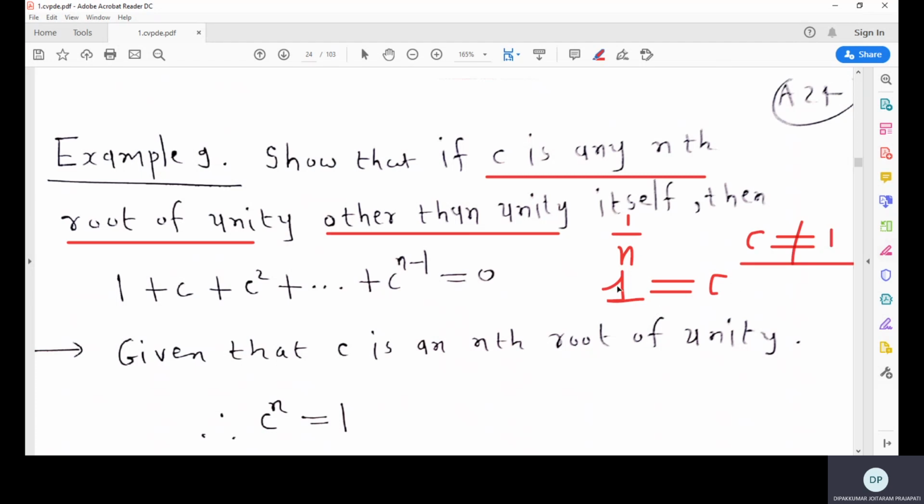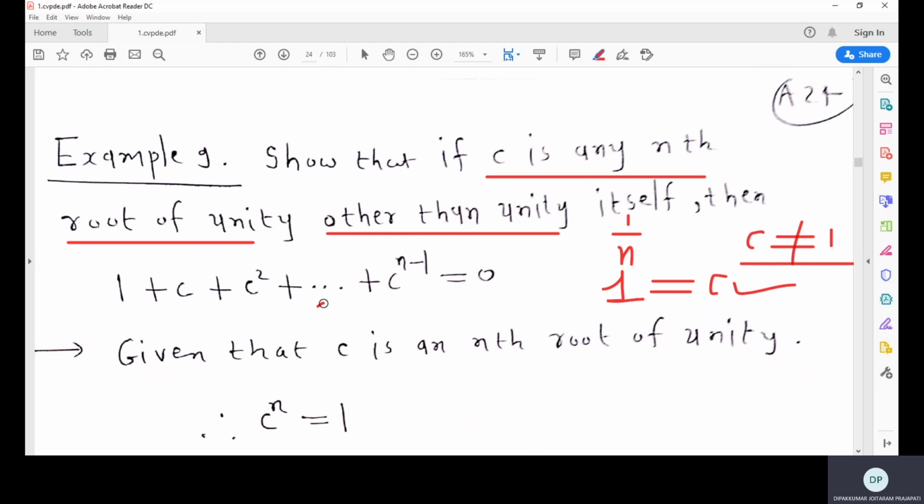For 1 there are n different nth roots. Among those n roots, one root is 1 itself, but we have to consider the root of unity which is different from 1. So c is not equal to 1 and 1 raised to 1 by n equal to c.